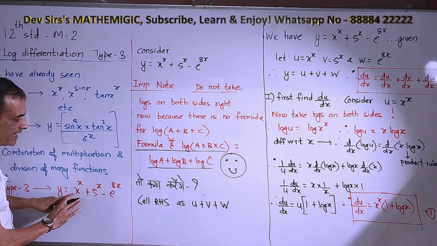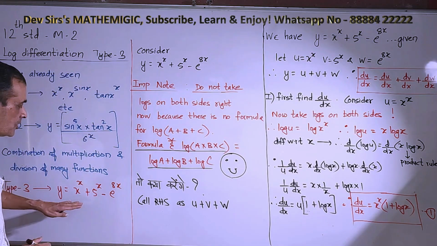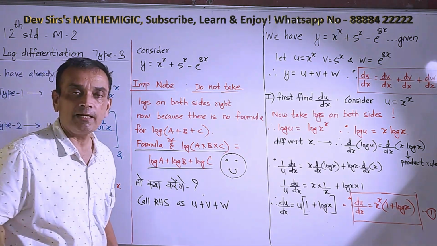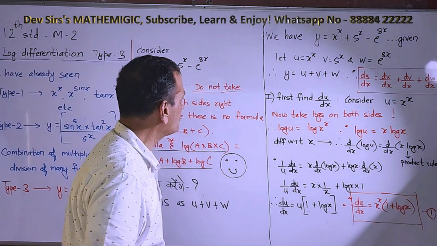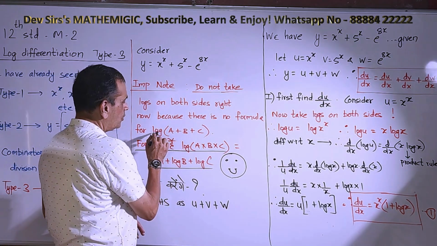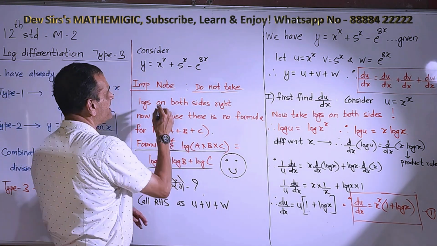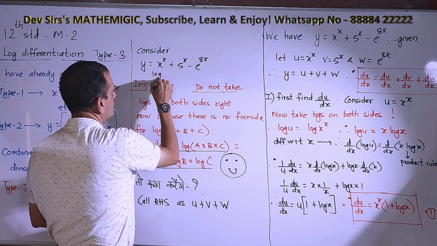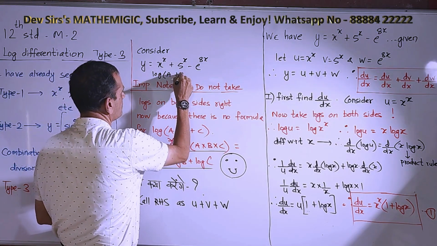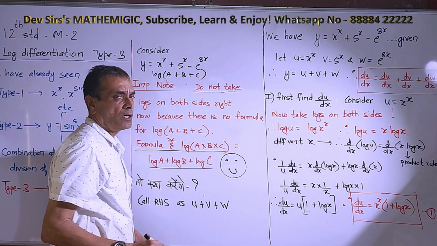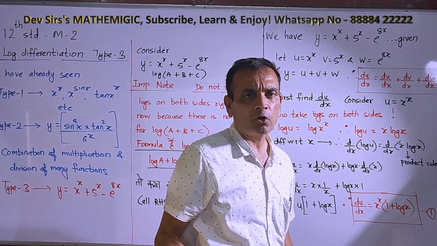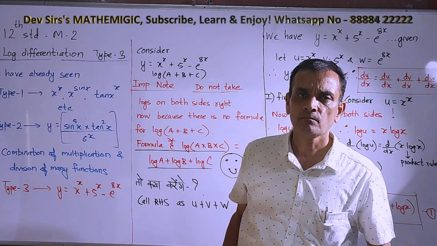Don't take log of y is equal to log of this, because once I take log of the right hand side, तो right hand side में कौन सा फॉर्म आ गया देखो, log of a plus b plus c. It is like this. And friends, there is no formula for log of a plus b plus c.